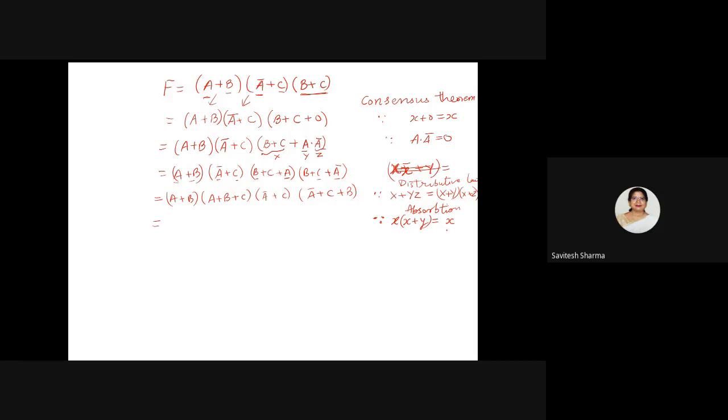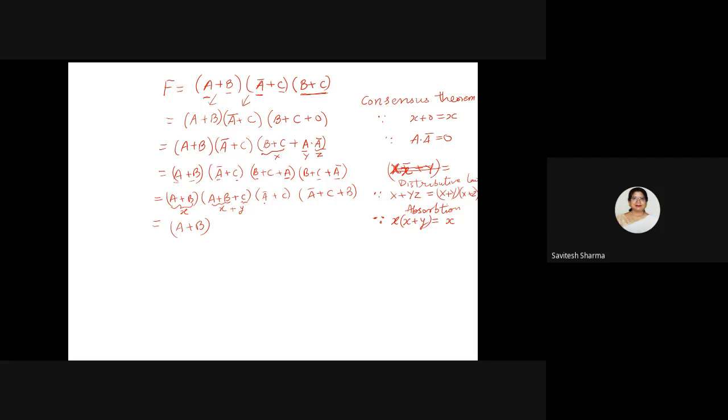So you identify, for example, I am saying a plus b is my x, and c is my y. So you apply this. So this is x into (x plus y). So this thing you can apply here. So I will write here a plus b only. Y will wash out.